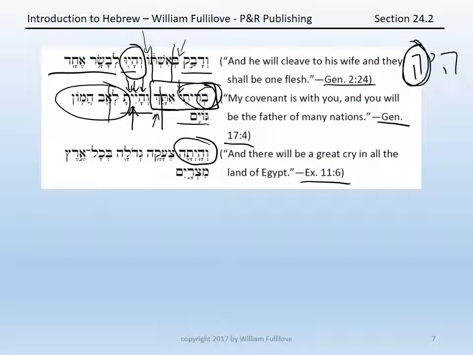And as a third feminine singular form, the he of the root has been replaced by the tav. And there will be tse'aqa gedola, a cry, a great one, a great cry, in kol eretz Mitsrayim, a construct phrase, all of the land of Egypt.